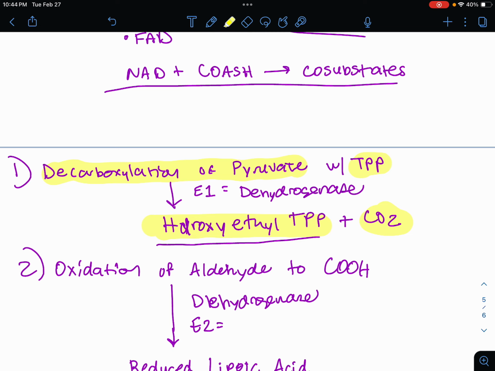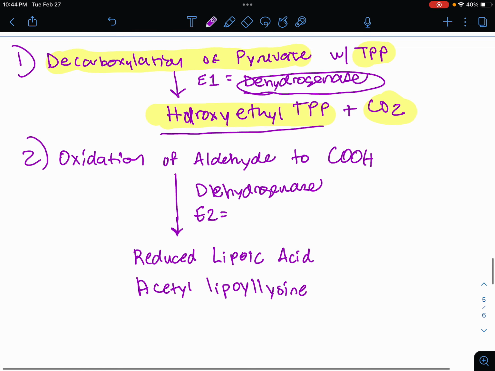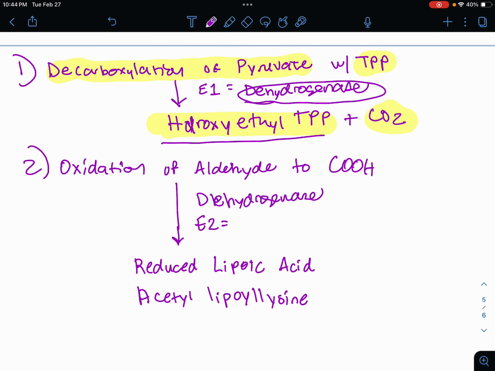We'll go into enzyme 2 in a bit, but in step 2, we're going to still have some of our enzyme 1 in play. So step 1 was decarboxylation of pyruvate with TPP to form HETPP, also known as hydroxyethyl TPP, as well as CO2. Now, we're going to oxidize in step 2.